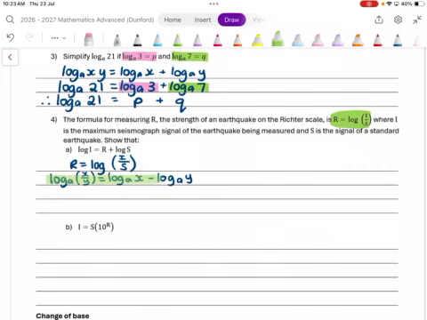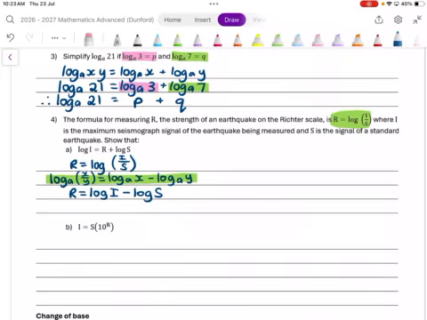So what this means is we will have R equals, instead of log I on S, log of I minus log of S. Now, have we shown that log of I equals R plus log of S? No, because we haven't made log of I the subject.